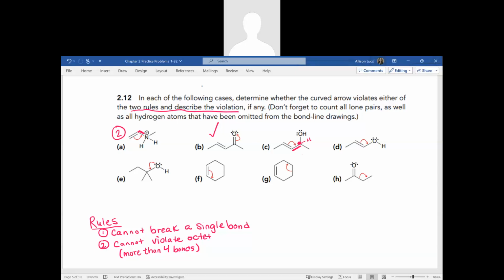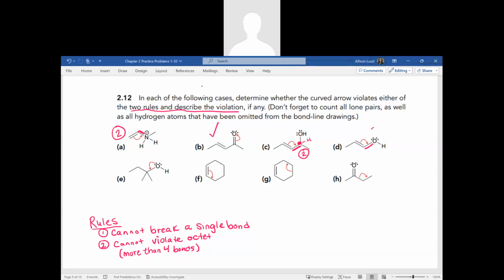So this would be rule number 2 again. Next, we have, again, a violation of octet. If we moved those pi electrons, formed a double bond in molecule D over here instead, that oxygen atom that already has 2 bonds and 2 lone pairs would exceed its octet.